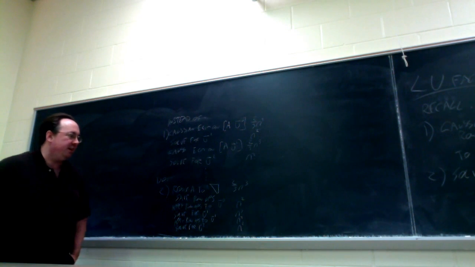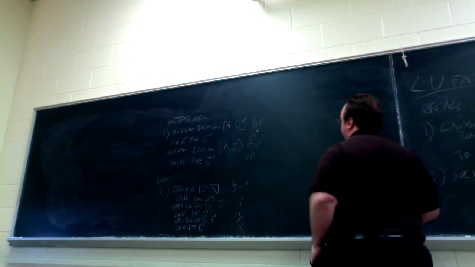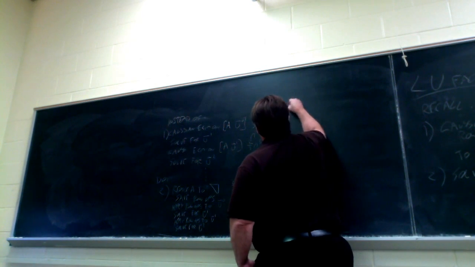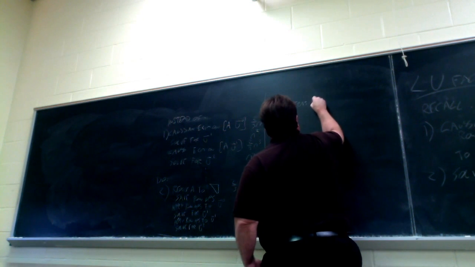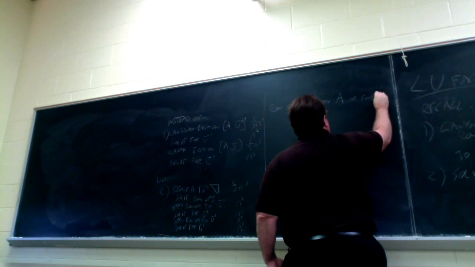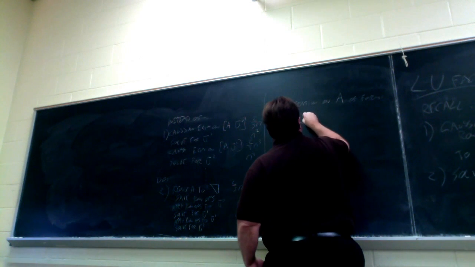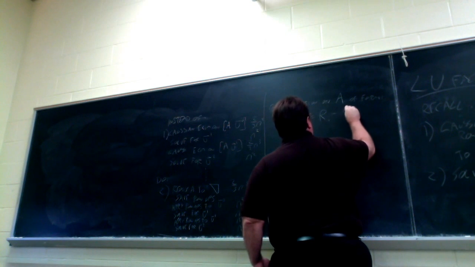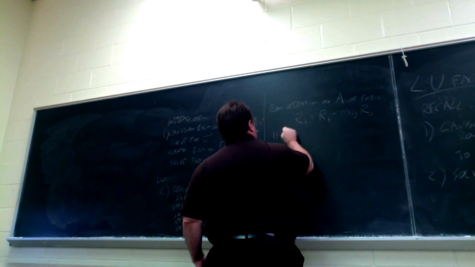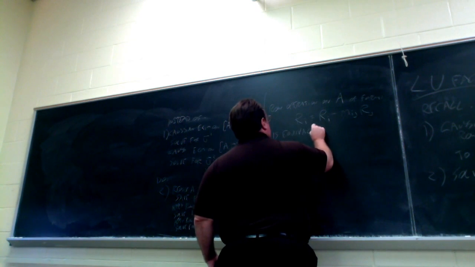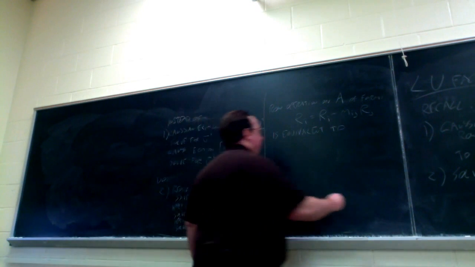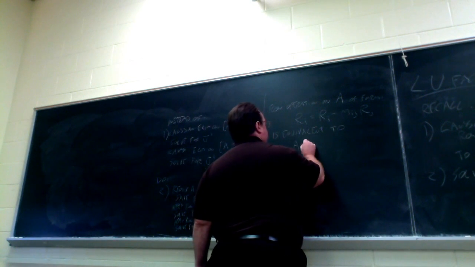So the key lies in this observation. A row operation on A of this form that I wrote down earlier, row I is equal to itself minus a multiplier times row J, is equivalent to this matrix product.